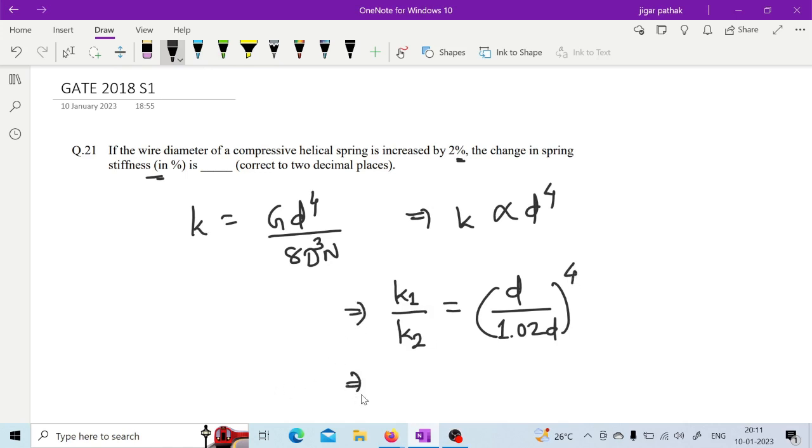So now from this you will find K2. K2 is 1.02 to the power 4 into K1, correct?